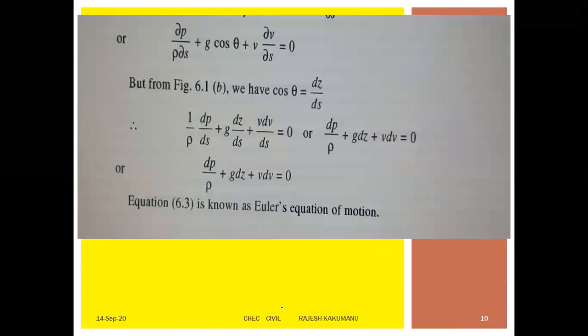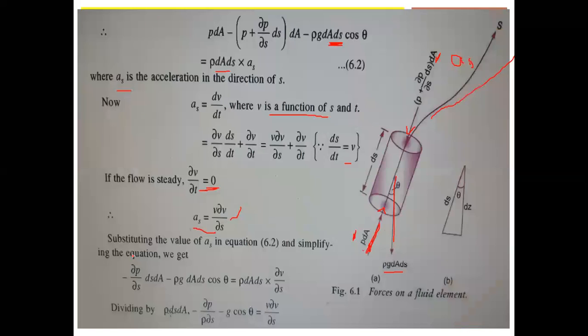That implies dou p by rho ds plus g cos theta plus v dou v by dou s is equal to 0. But cos theta is equal to dz by ds.